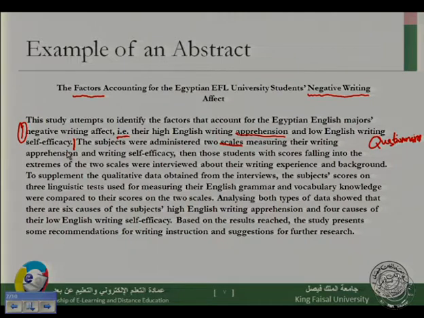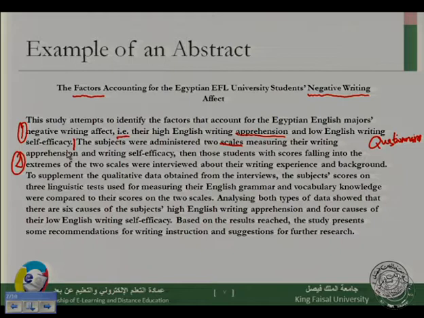How did he approach the problem? He gave the students two scales, one to measure their apprehension and one to measure their self-efficacy. So this is one step in the methods he used. From here we start number 2, talking about the methods.